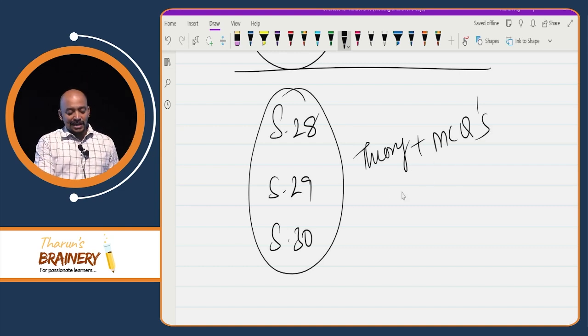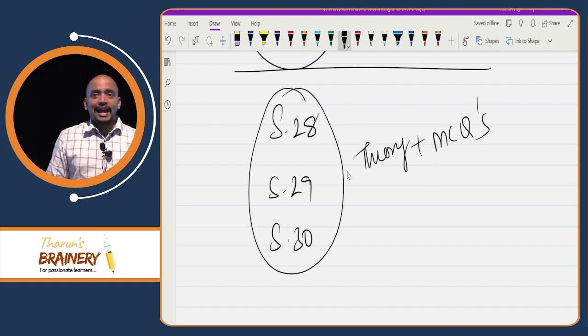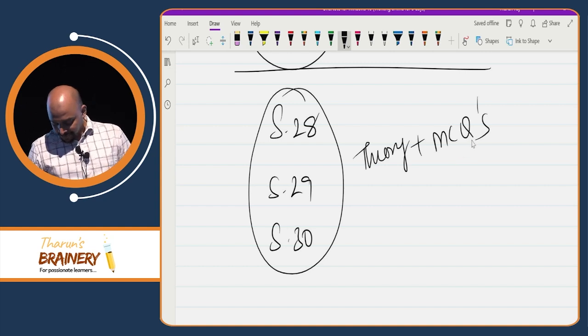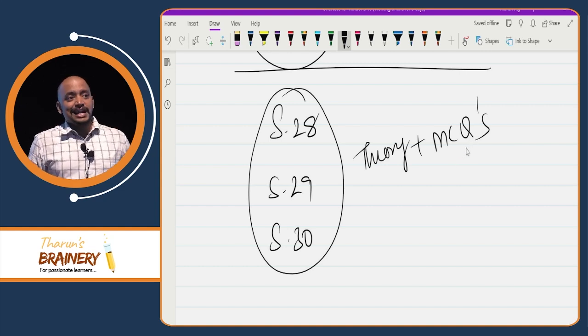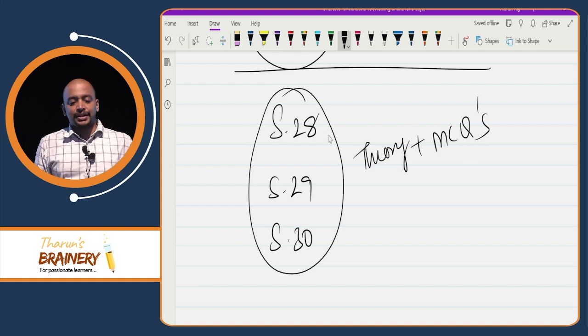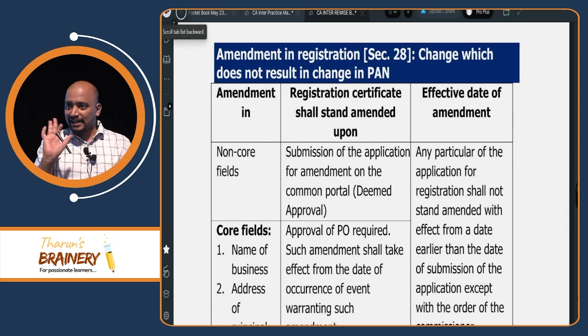So there will be some theory questions asked on this, and again in MCQs it will be useful. So first, section 28 says amendment in registration. 29, cancellation of registration. 30, revocation of cancellation of registration. Please listen once. That is sufficient if you are listening in the class. So you don't have to read this again, okay, because it is not that important a concept.